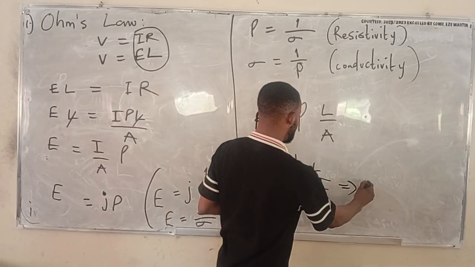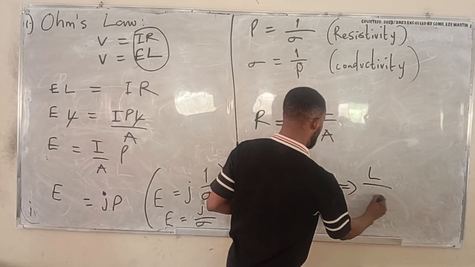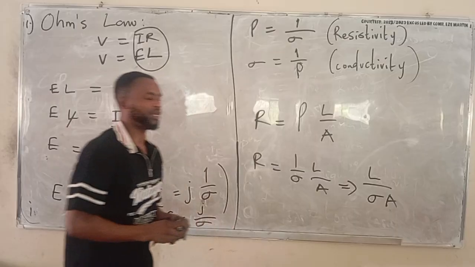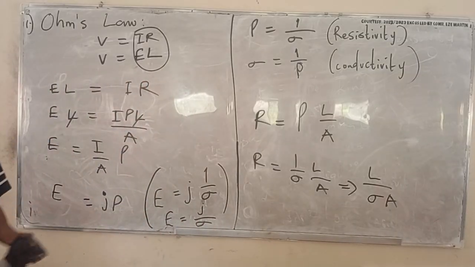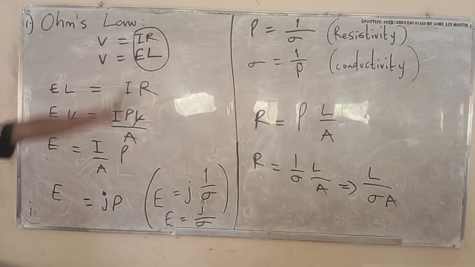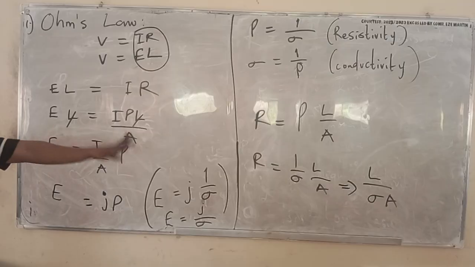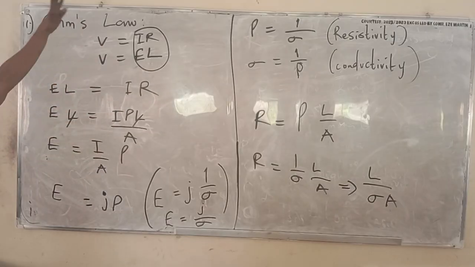Which means that resistance is also defined as L over conductivity times A. Note it. Put it somewhere in your notebook. Once you know all these things, you don't have any question to ask in the exam hall again once it concerns resistance, Ohm's law, the first principles.